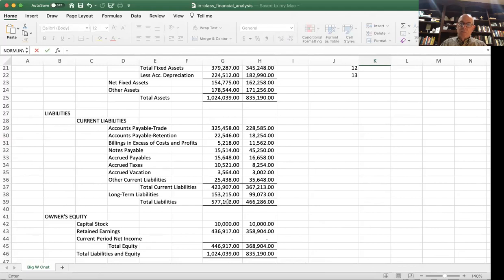What are we liable for? And that's 577,122. And then the denominator is equity. I'm sorry, I don't know why I'm confusing those today. So I just hit the slash for divide by total equity here. And that's that ratio.